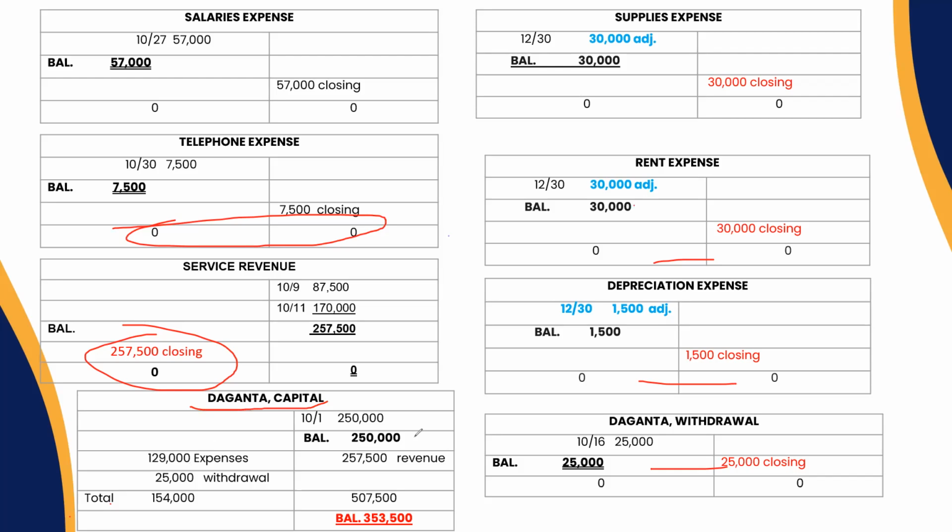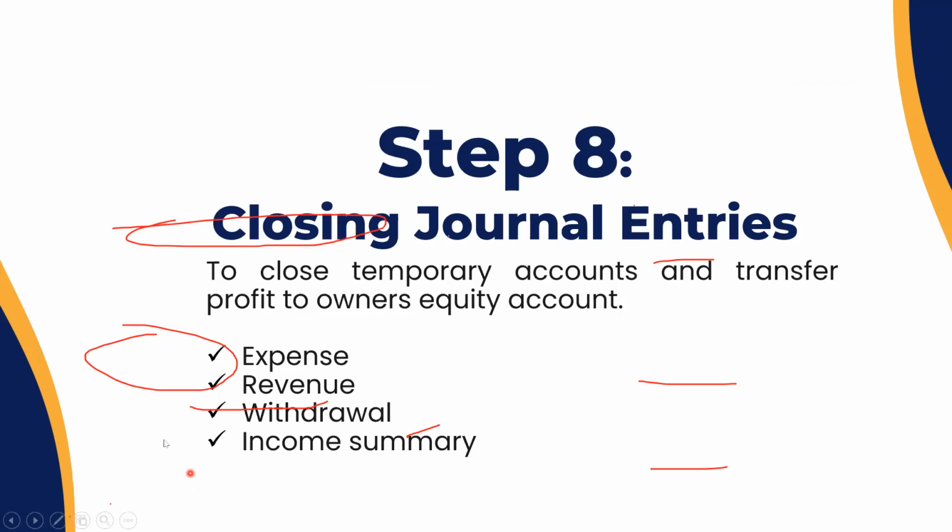If you take note, this 250 is our initial investment. Okay? We added the revenue because we closed it. Where did the 257 in the capital come from? Here.